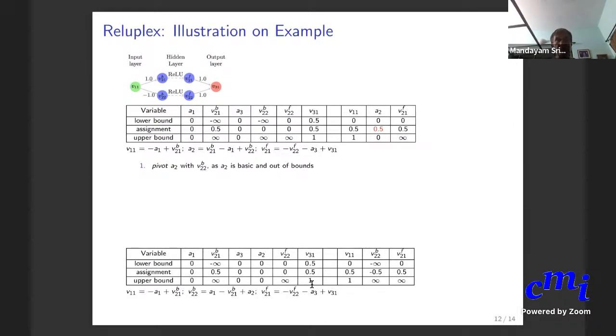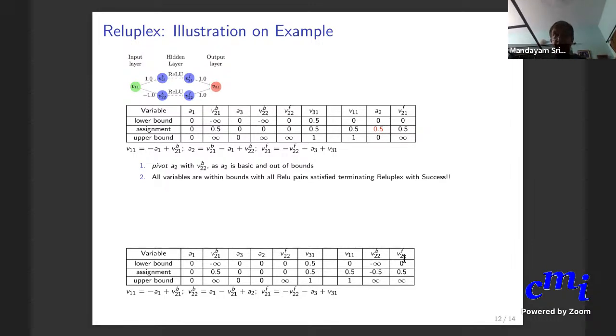Okay. So A2 now is brought back to 0, and V22 of B is set to minus 0.5. So at this point, all the variables are within their bounds. And all ReLU constraints are also satisfied.